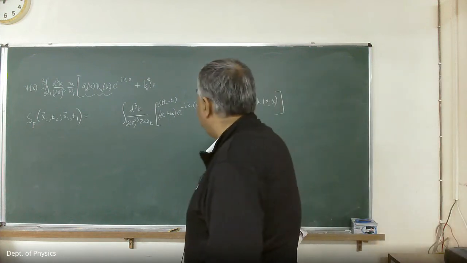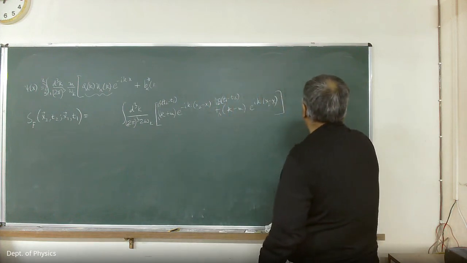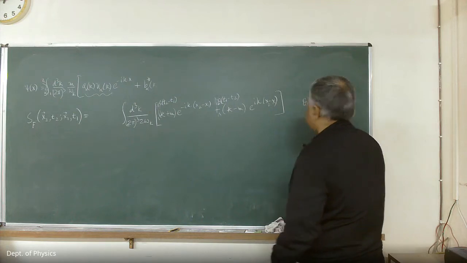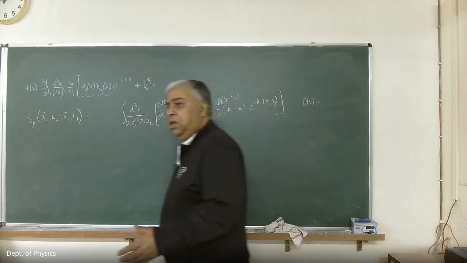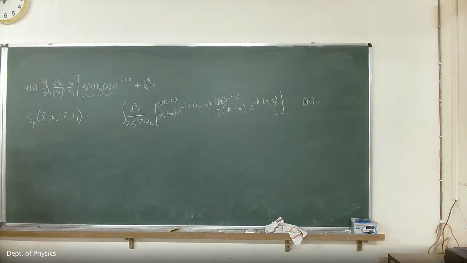For that, I recall, you must have studied by now, there is an integral representation of theta t, the Heaviside theta function. By definition, it is 0 for t less than 0, and 1 otherwise.